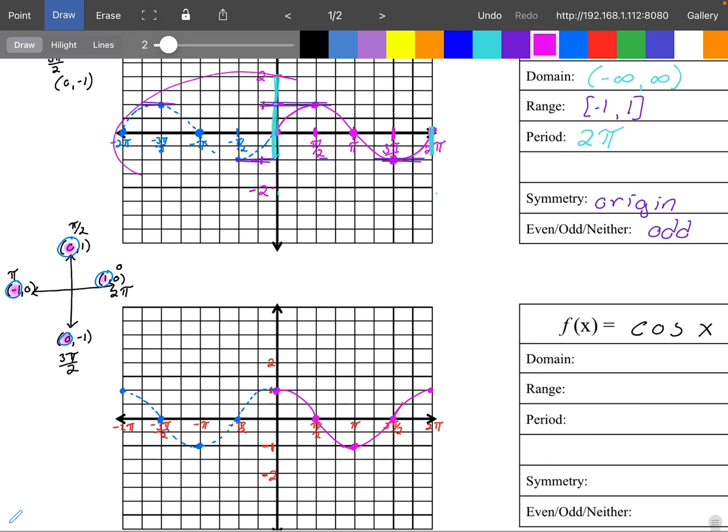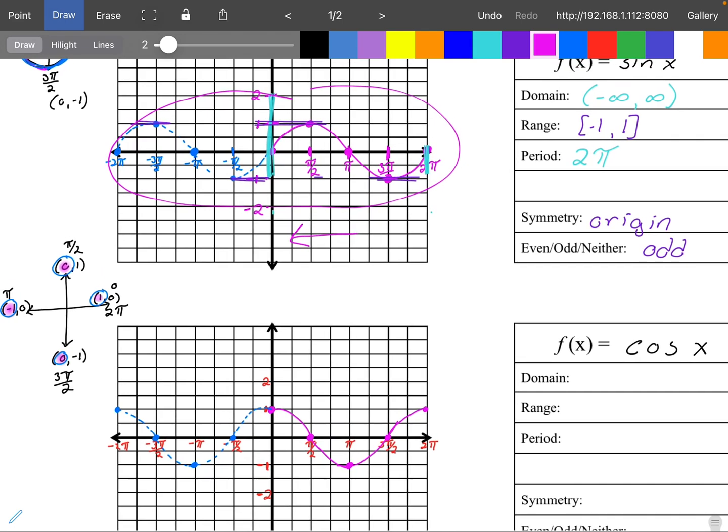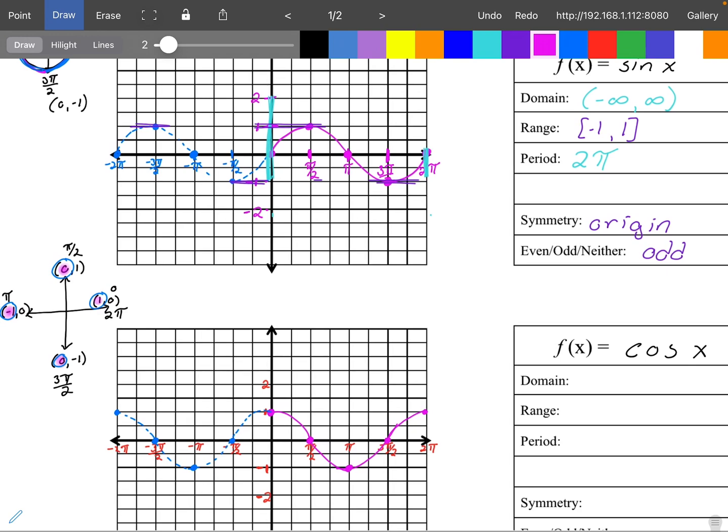So if we take this one and we shift it this way a little bit, we would get the cosine function. Or if we take this one and we shift it this way a little bit, we're going to get the sine function. So they have almost the exact same graph, but just kind of shifted, but they are very similar. So we want to kind of keep that in mind.